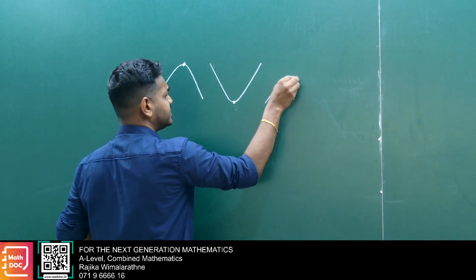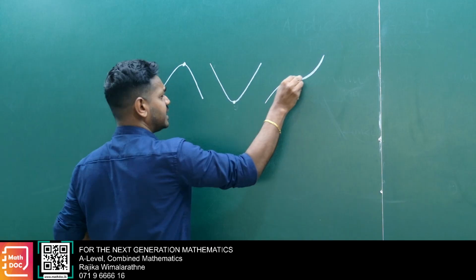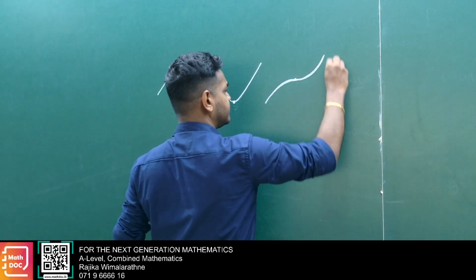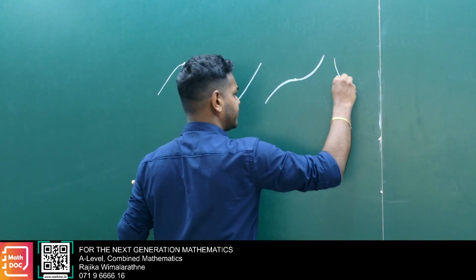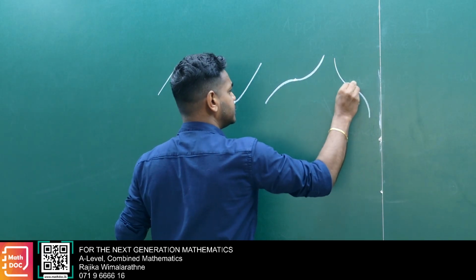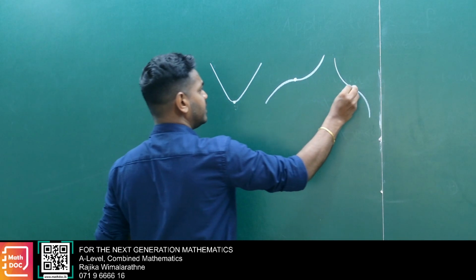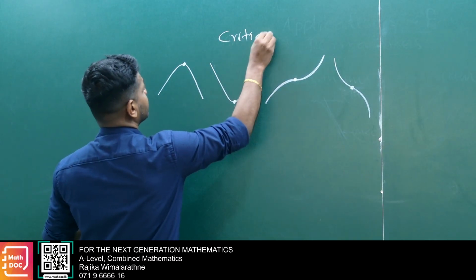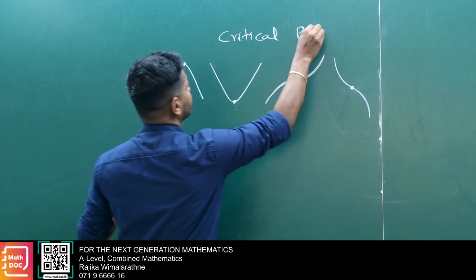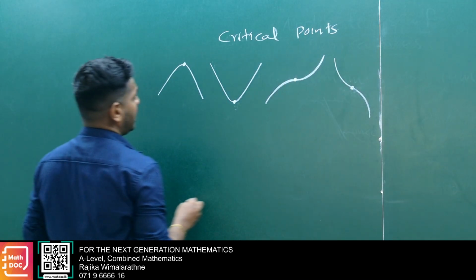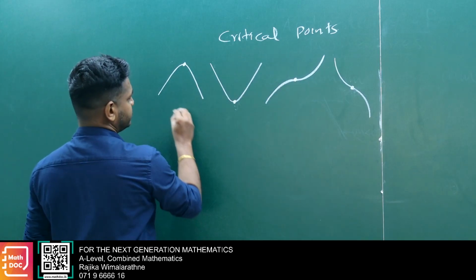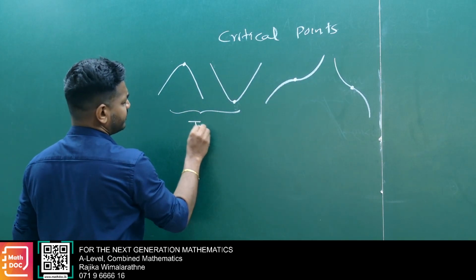Here increasing inflection, and here decreasing inflection. These 4 points we call critical points, and these two we say turning points.